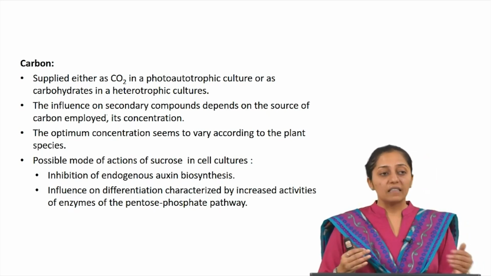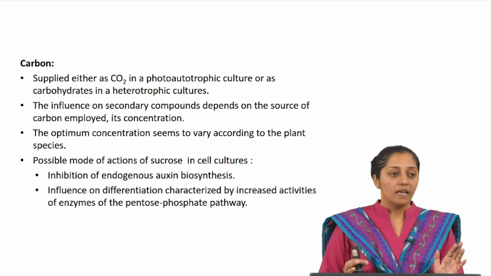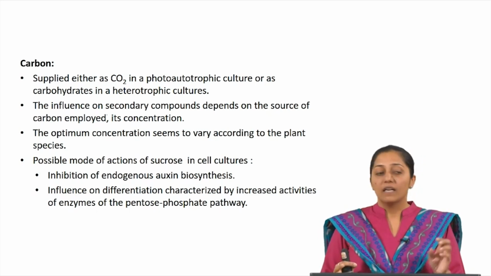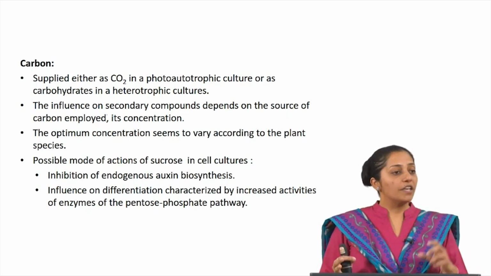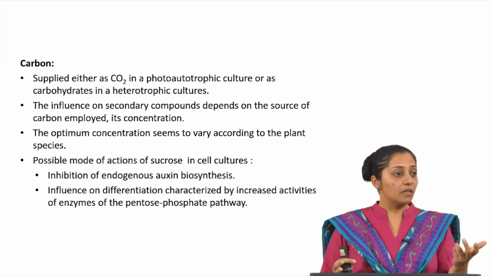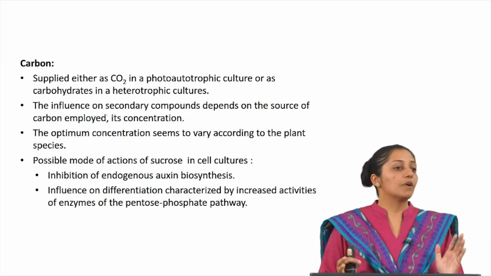When I give these as examples to you people, one cannot generalize; it depends on the species and the kind of secondary metabolite you are working with. That is why one has to take cues from literature and then optimize according to the type of culture, type of plant species and the class of secondary metabolite which you are interested in.